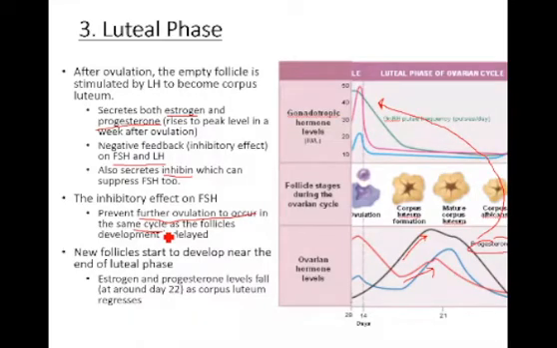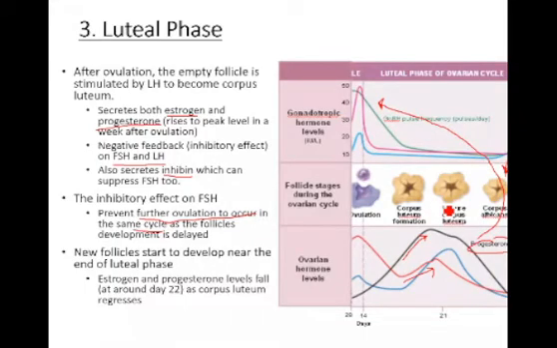Okay, so new follicles start to develop near the end of the luteal phase, because you already know that there is nothing possible now. The corpus luteum has already developed into the corpus albicans, which is useless, so gradually it will be degraded later. Why does it develop into the albicans?